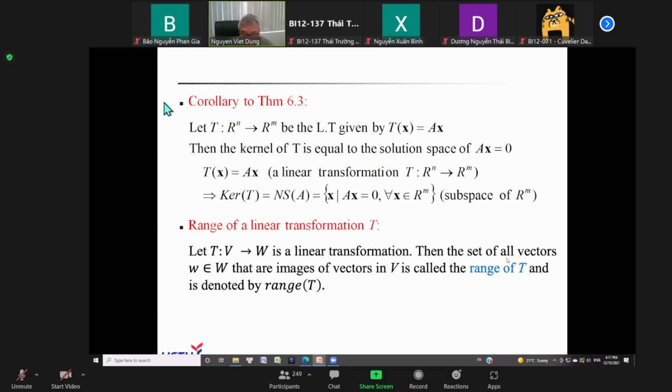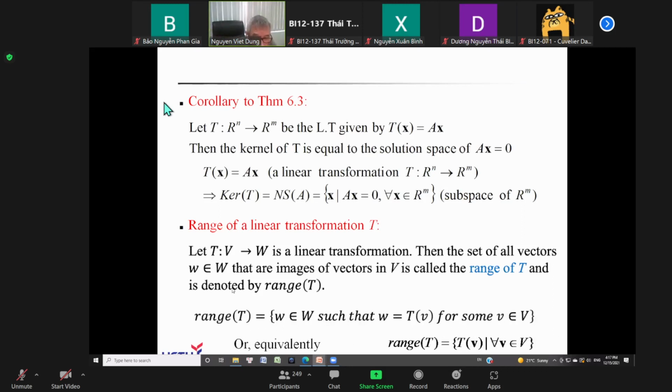Then the set of all vectors inside W which are images of some vector inside V will be called the range of T. We defined it already in the first or second slide of lecture number 6. Then by formula we have the range of T equal to the set of all w inside W such that w equals T(v) for some v inside the domain.